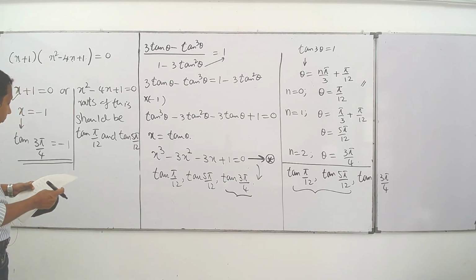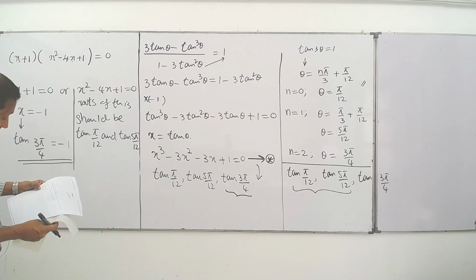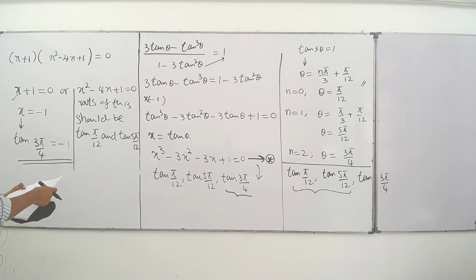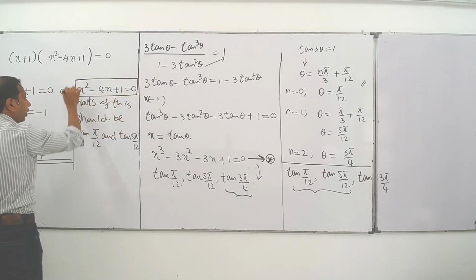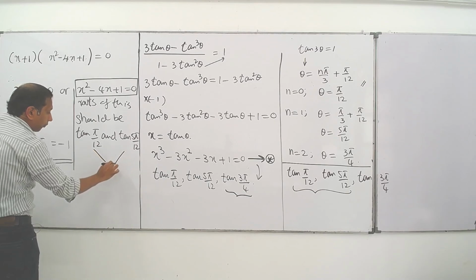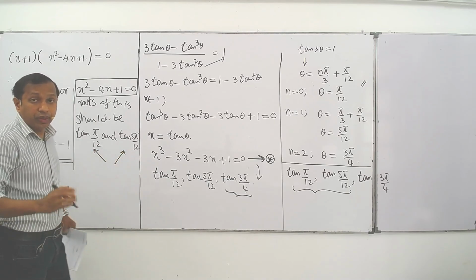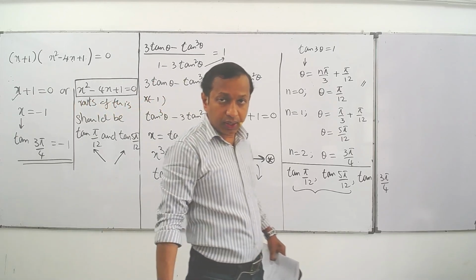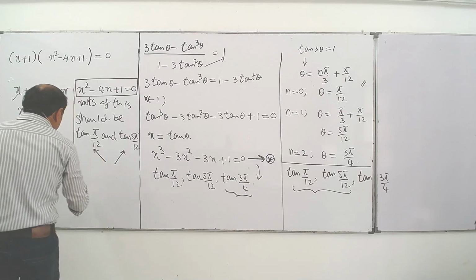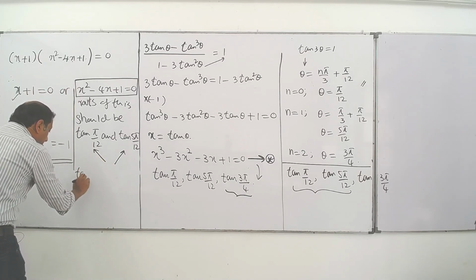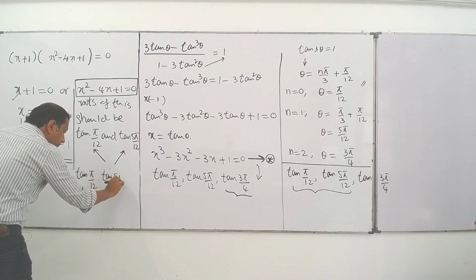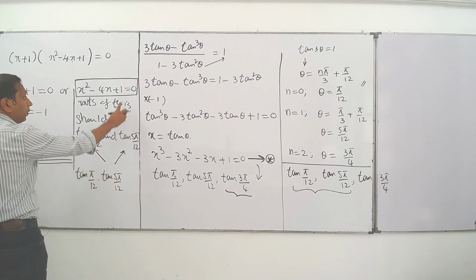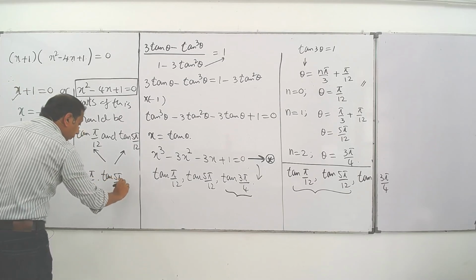Now, people, another one asking, deduce that the product of tan pi by 12 and tan 5 pi by 12 is 1. Right. You know, this is a quadratic equation. Its 2 roots are these 2. When we have a quadratic equation, the product of the roots is given by c divided by a. Then we can write, using that fact, tan pi by 12 into tan 5 pi by 12, the product of the roots, is equal to the constant term divided by the x squared coefficient, which is 1.